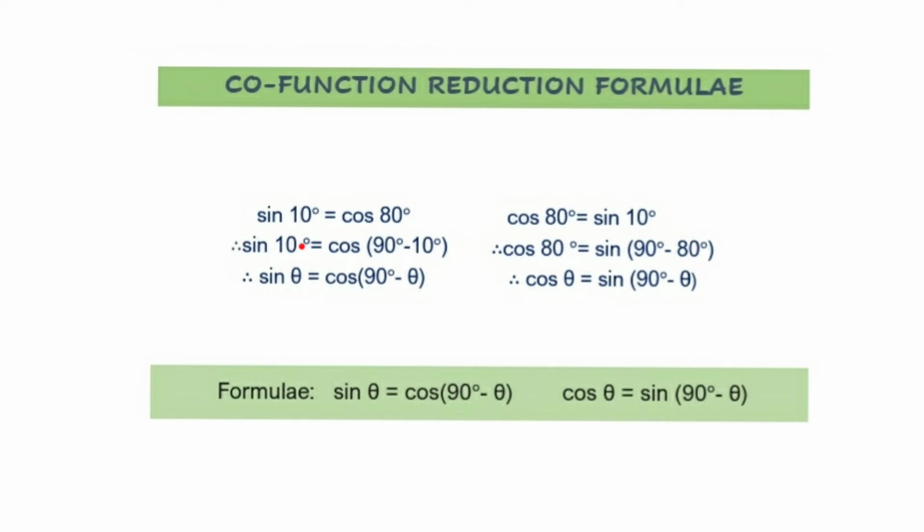So if that works for any angle, it works for angle 10. It also works for the angle 80. So we have two new reduction formulas. Sin of anything is cos of 90 minus the same thing. Cos of any angle is sin of 90 minus the same angle. And here we have our two new reduction formulas.